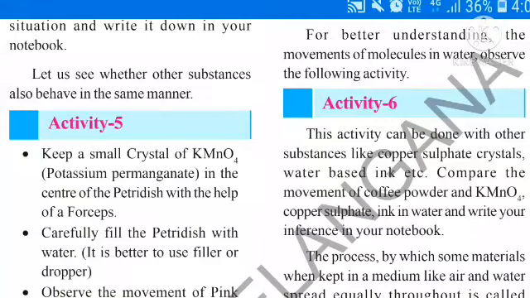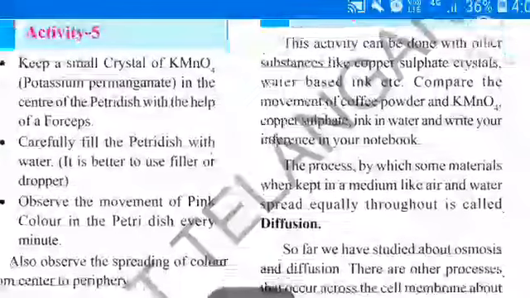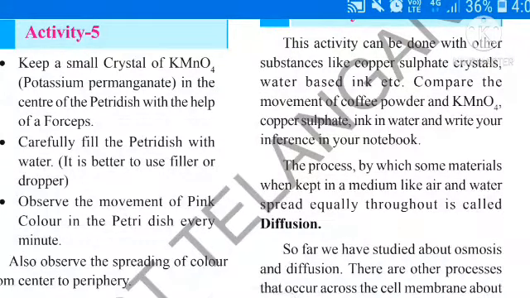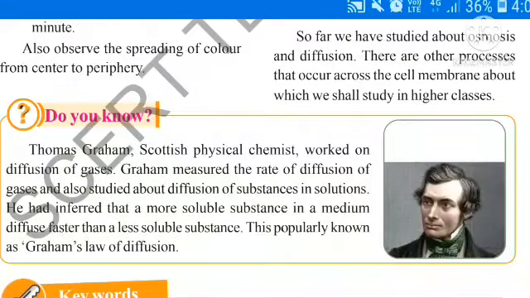The permanganate molecules move from higher concentration to lower concentration in the water. This process is called diffusion. These are all activities which belong to the 4th chapter.